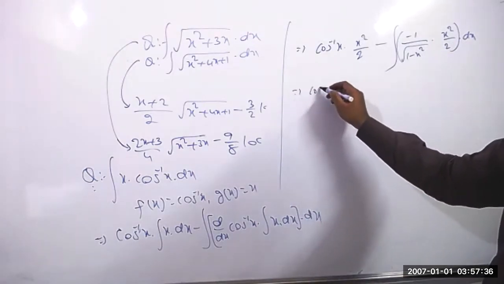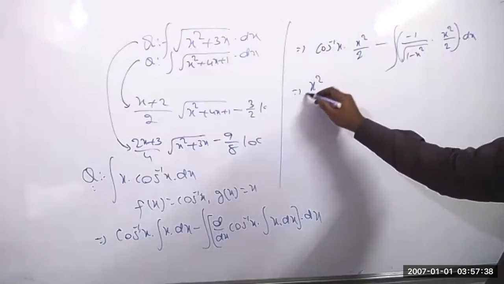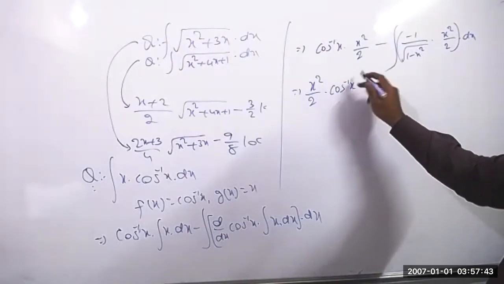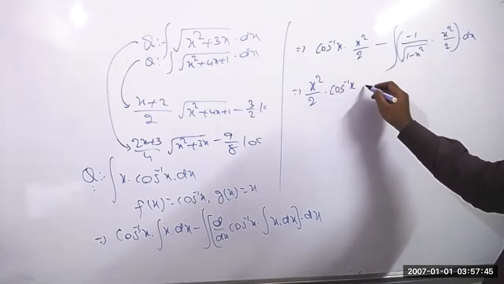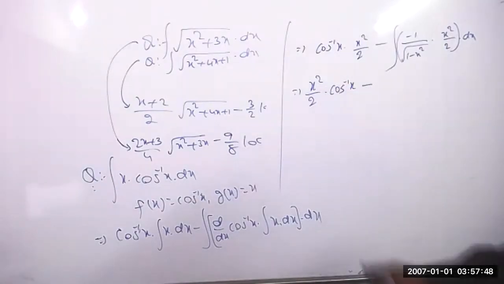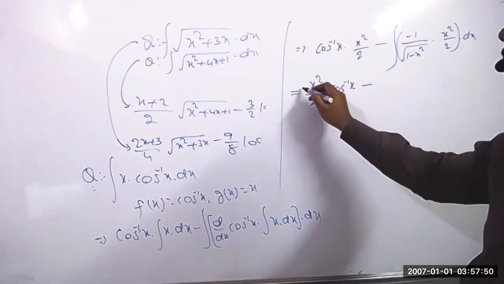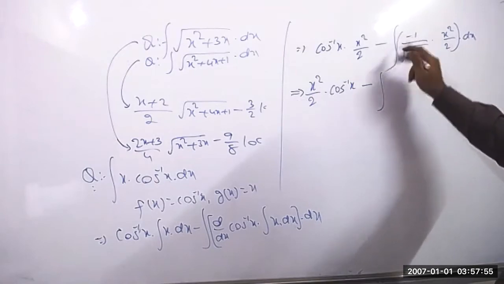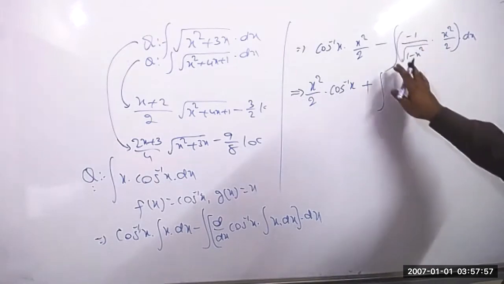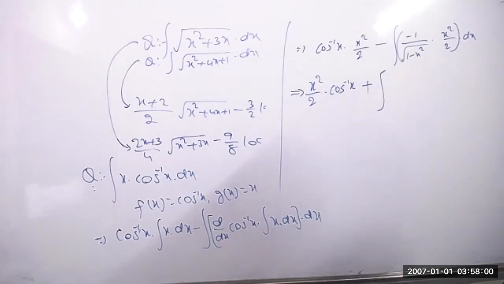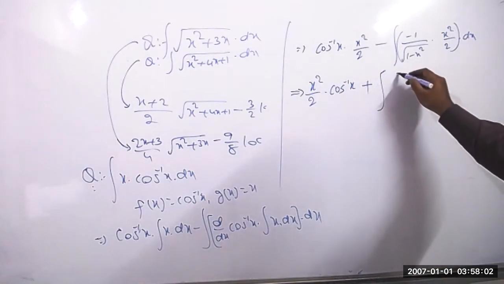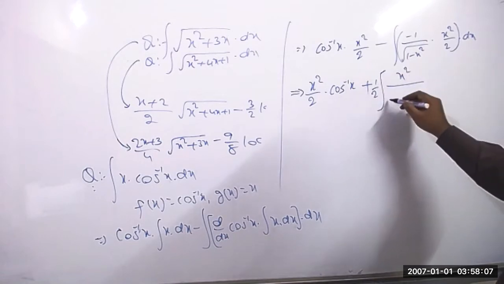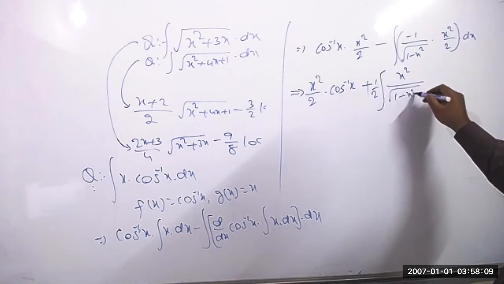So x square by 2 into cos inverse of x minus integration of, minus into minus gives plus, 1 by 2 taken outside, x square by root of 1 minus x square dx.